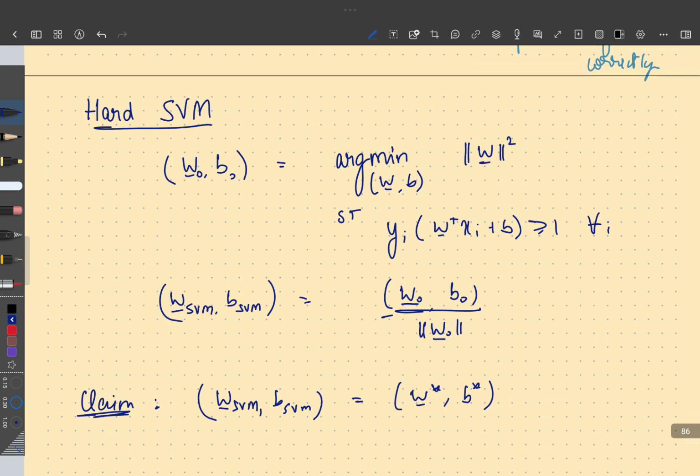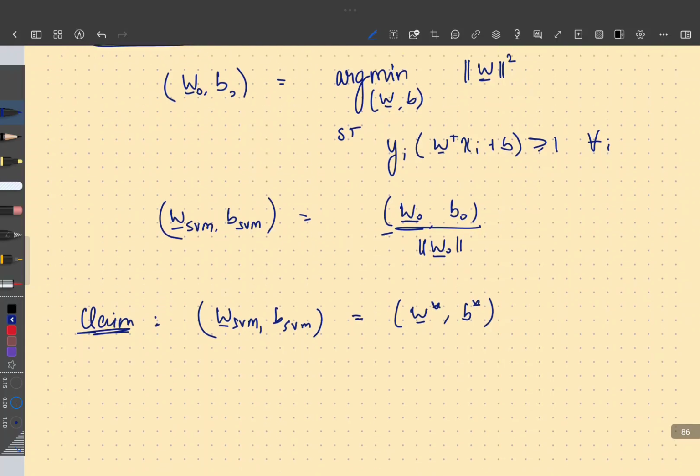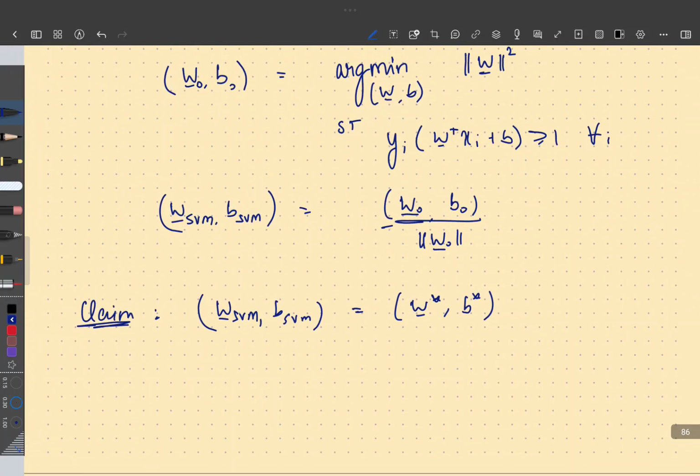But of course, visually speaking, these two optimization problems seem totally different. How do you know that the solution of one is the solution of the other? We need to prove this.